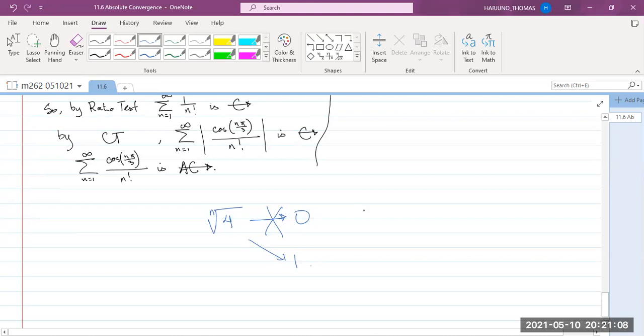Now, what is the proof? Natural log of 4 to the 1 over n is equal to 1 over n natural log of 4. That's convergent to 0. Okay, but then if this is our y, then 4 to the 1 over n, which is the nth root of 4, is convergent to e to the 0, which is 1.